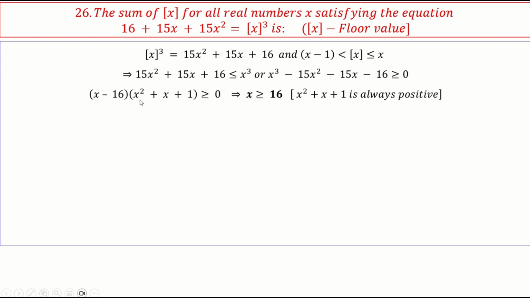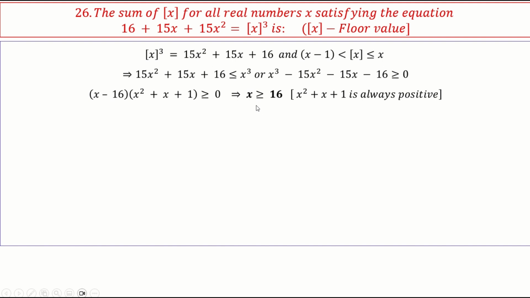Take a value less than 1, even if you take a negative value, it becomes positive because of the plus 1. When it is more than 1, x square always dominates, so you will always have a positive value. Since this is always positive, the other factor should also be non-negative, which means x should be greater than or equal to 16.